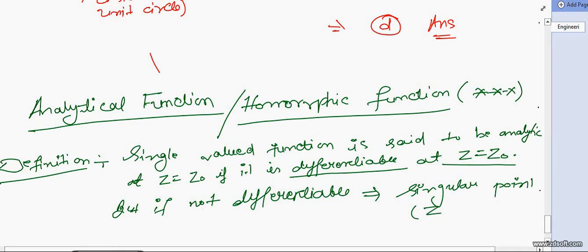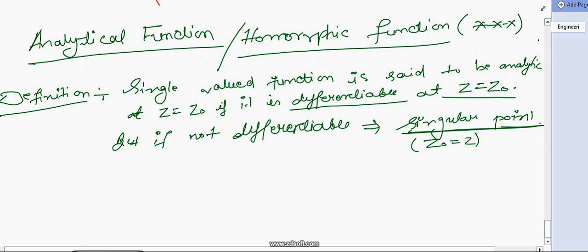That is, z0 is called a singular point. Okay, so this is just for the sake of your understanding. You would understand the concept better when we solve the questions.